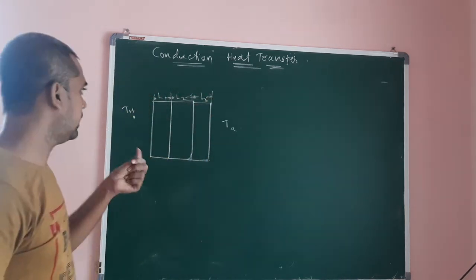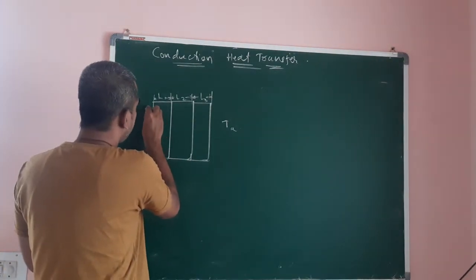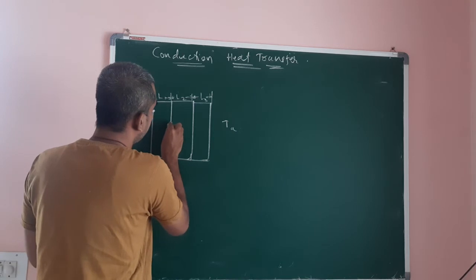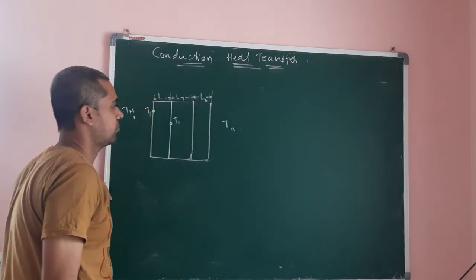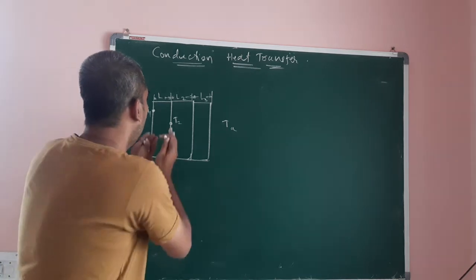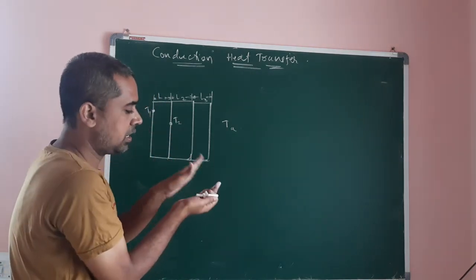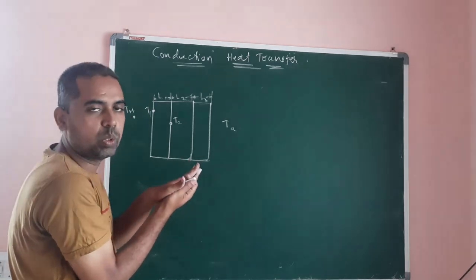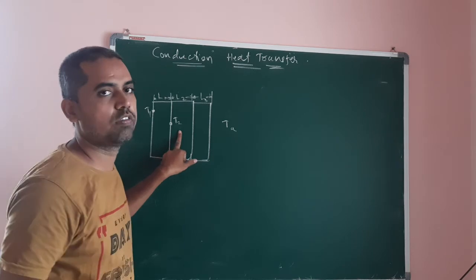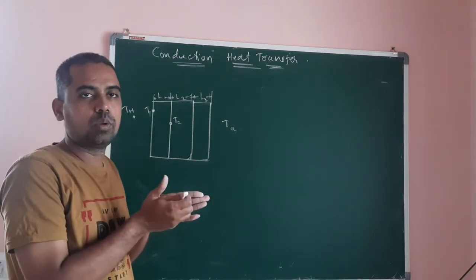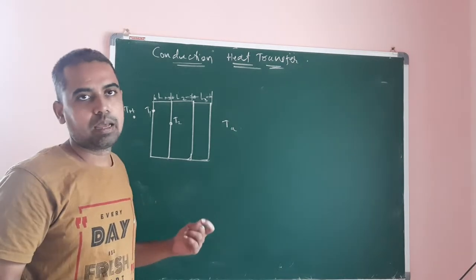Then we can write: if the temperature here is T1 and the temperature here is T2. Sometimes what happens is, when 2 surfaces join together, this is the surface of one material and this is the surface of another material. They will not be joined perfectly. There will be some air gaps or voids.